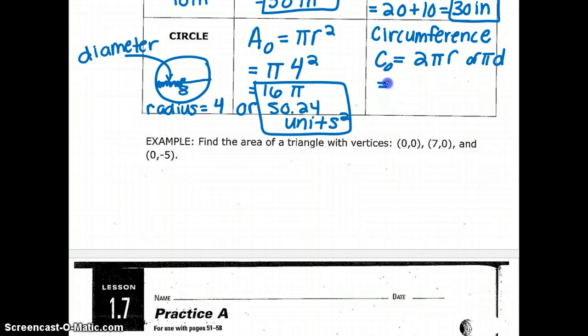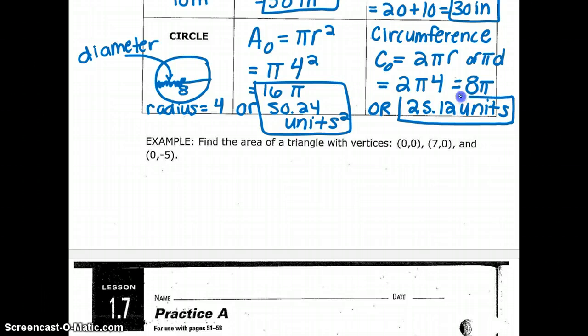I'm going to plug in my information. 2 pi times 4 gives me 8 pi, or if I put that as a rounded decimal, 25.12, and perimeter is one-dimensional, so I'm going to say units. Please make sure you have all of these formulas memorized for area and perimeter of triangle, rectangle, and circle.